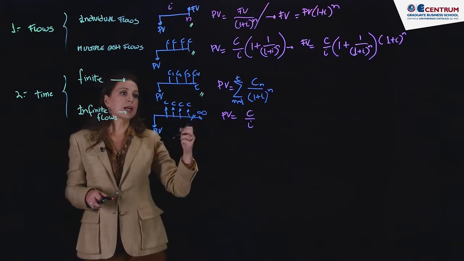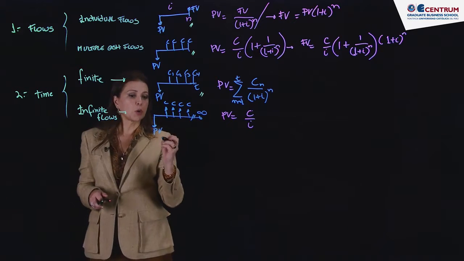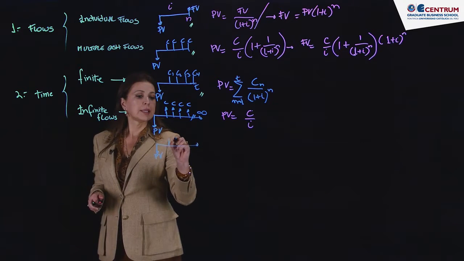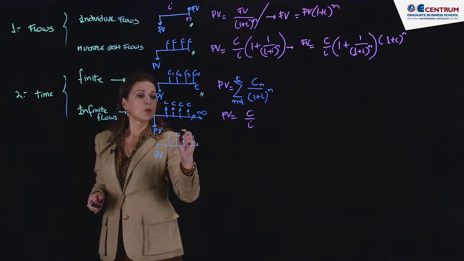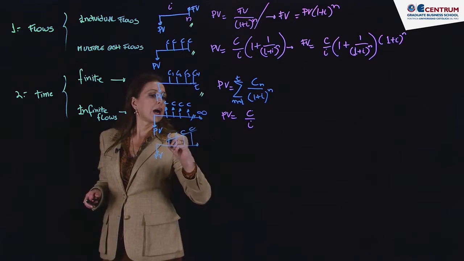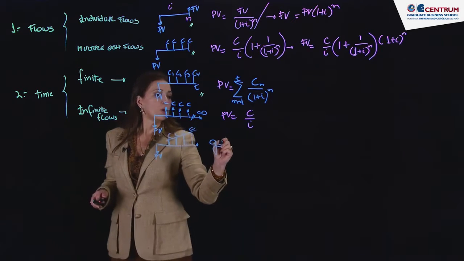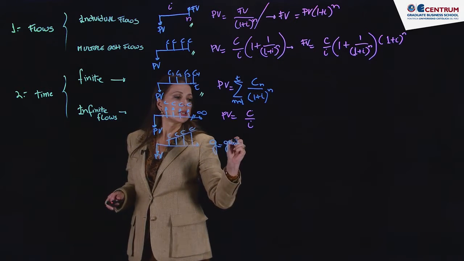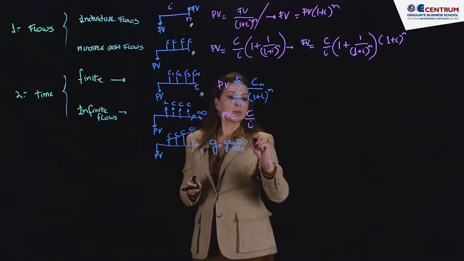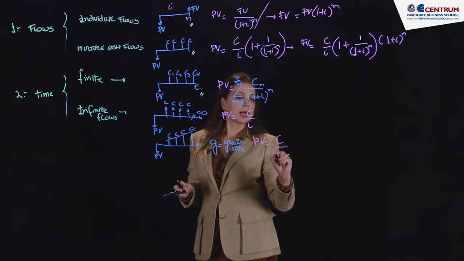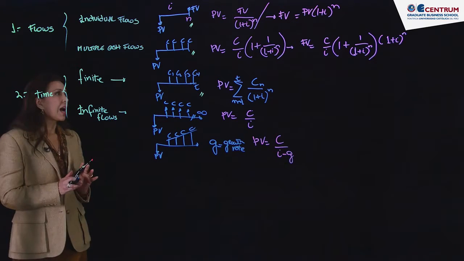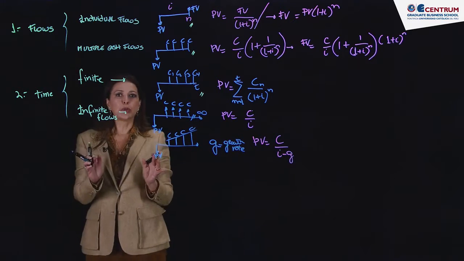As time passes by, the flows start growing with a G that is called the growth rate. In this case, the present value will be C divided by I minus G.